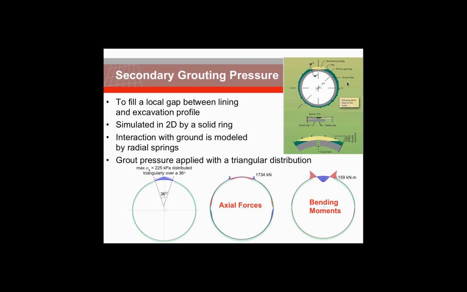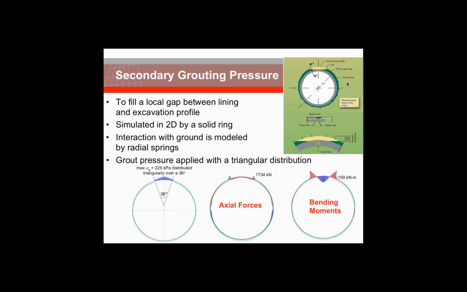It's performed by radial injection through holes provided in segments, and they are usually simulated in 2D by solid rings. In this case, since the grout is hardened, there is full contact between the segments and the ground, and therefore the interaction with the ground is modeled by radial springs. Ground pressure is applied with a triangular distribution.